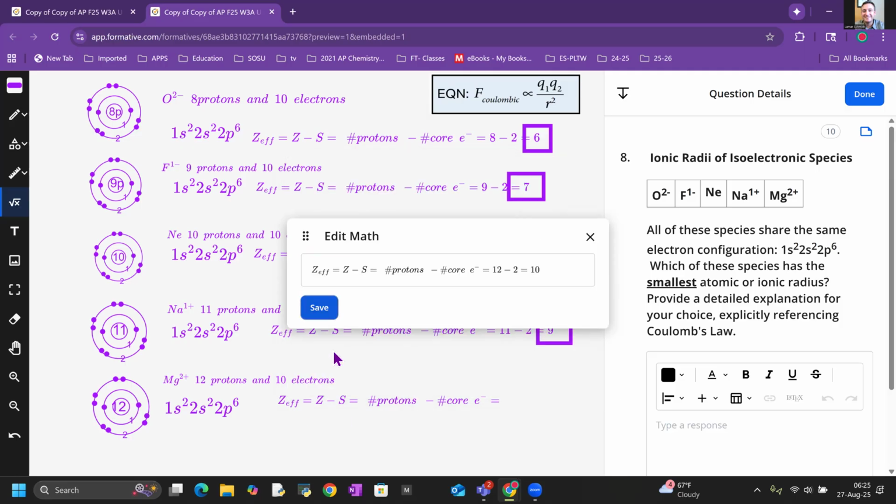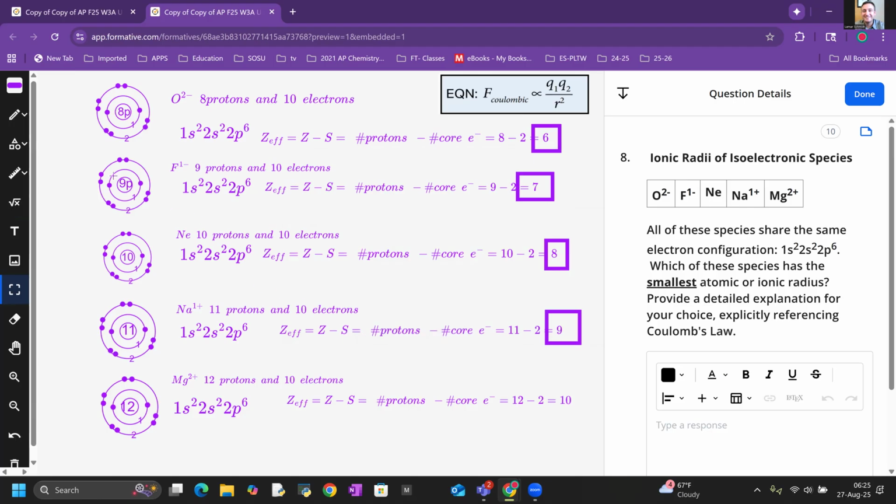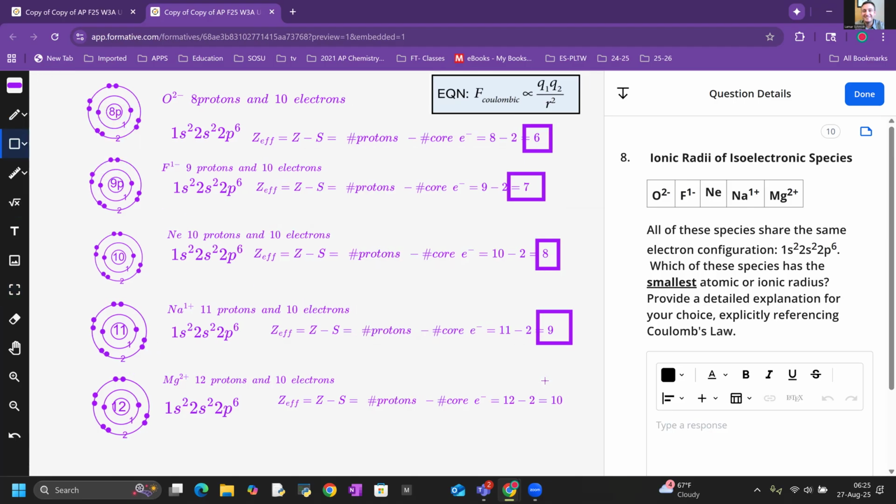All right, and so we can see that magnesium ion has the higher effective nuclear charge, which means that its valence electrons are going to be pulled closer to the nucleus, making the magnesium ion the smallest species.